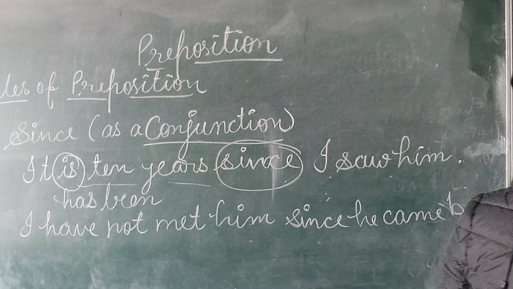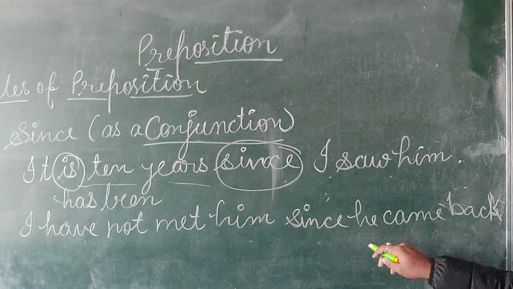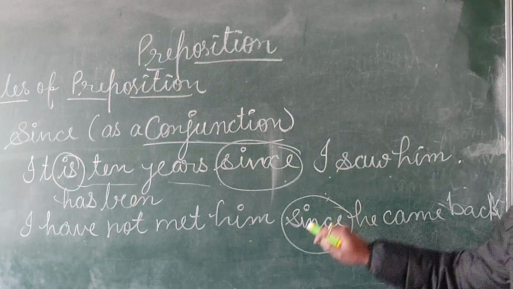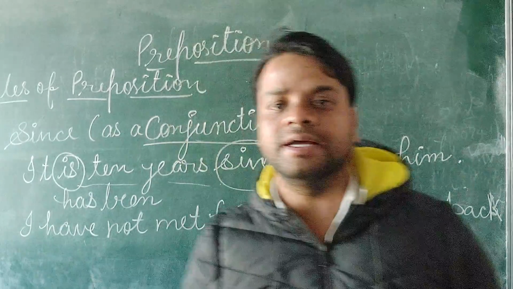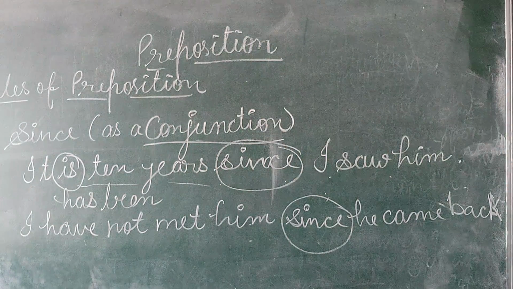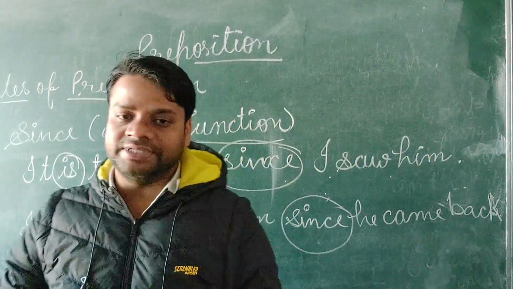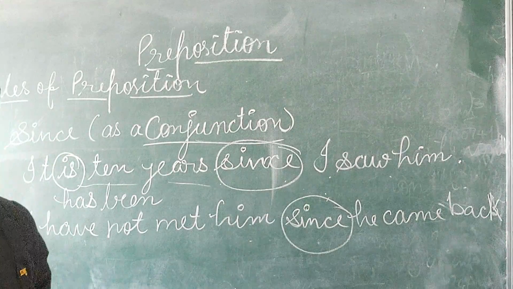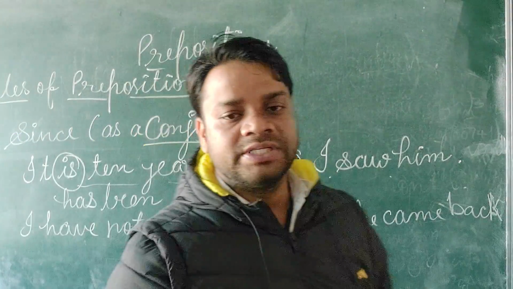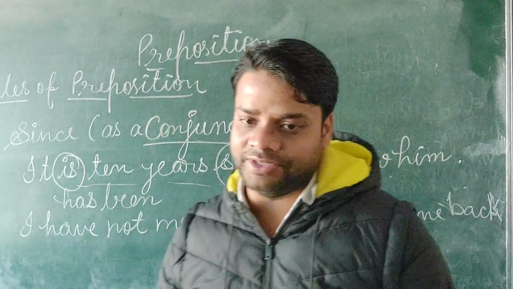Once again in this sentence, I have not met him since he came back, since is used as a conjunction. Before, in the earlier sentences, you have seen that since is used as a preposition. Now one more thing you will see is that since is used as an adverb.